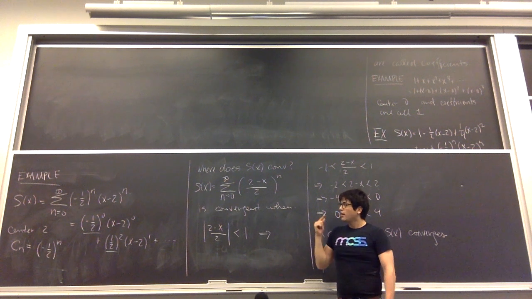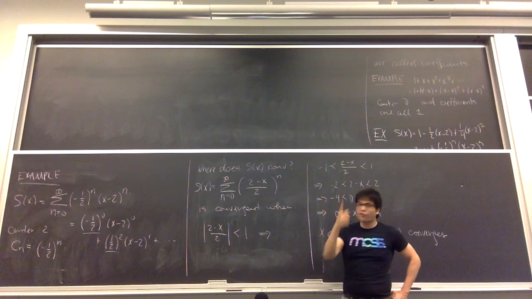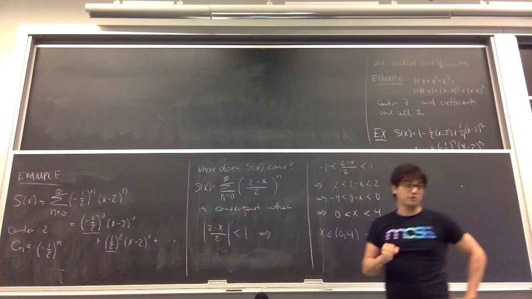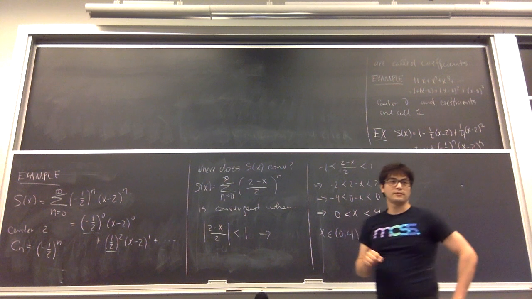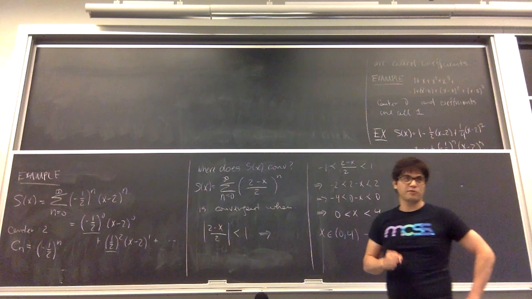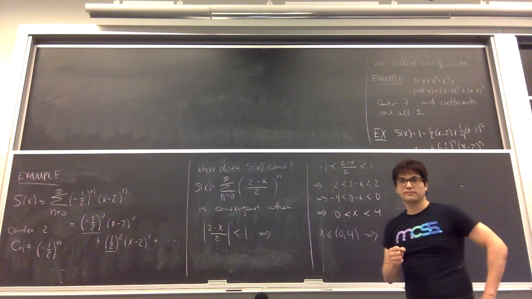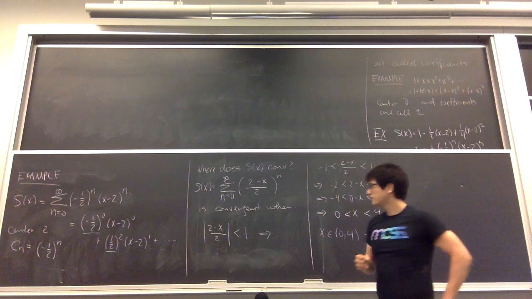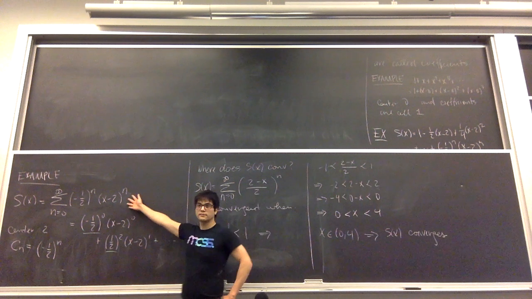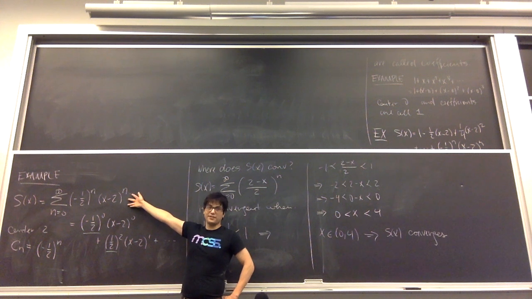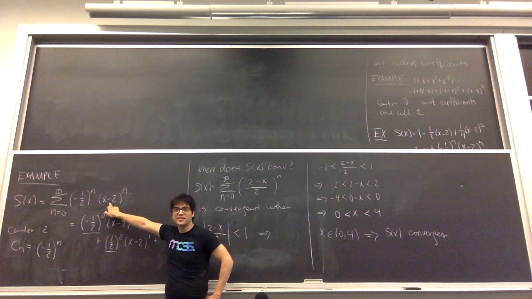We'll do it. Is there an x for which a power series is always convergent? Is there always one value for which these power series will converge? What happens if I plug 2 into here?